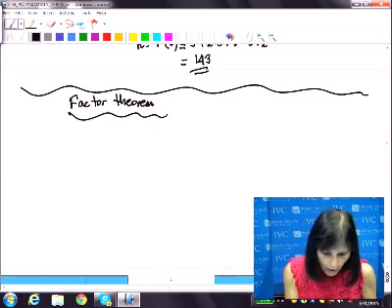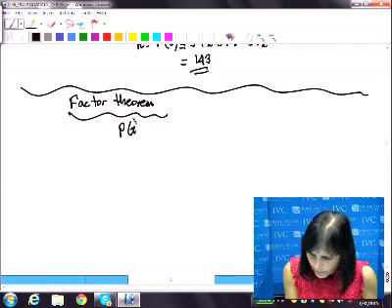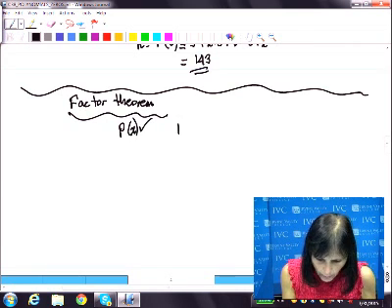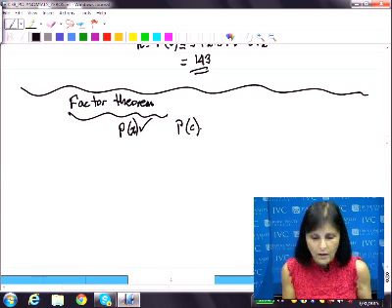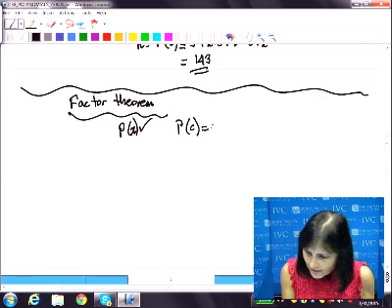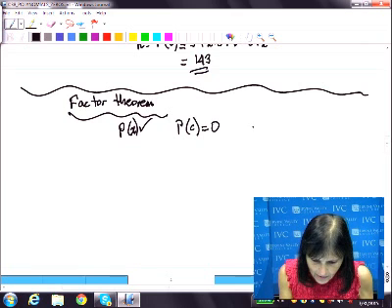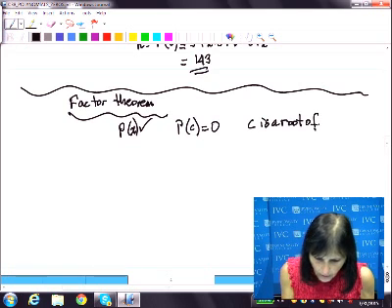Alright, now I am given a polynomial and I want to evaluate the polynomial at C, where I actually use that nomenclature. If I get 0, that means C is a root of this equation, P of x equals 0.